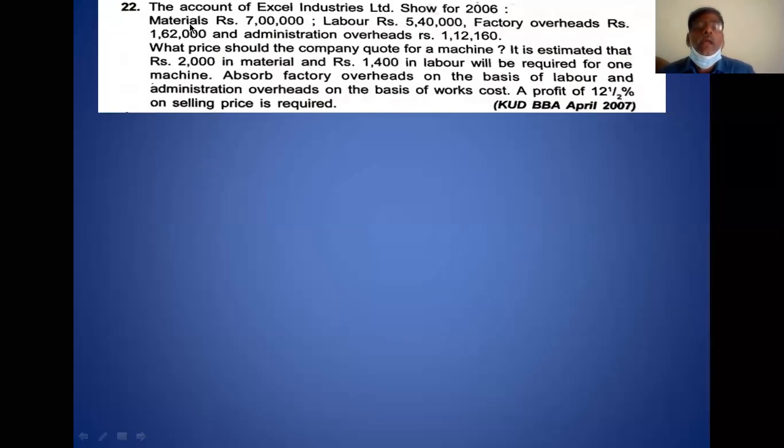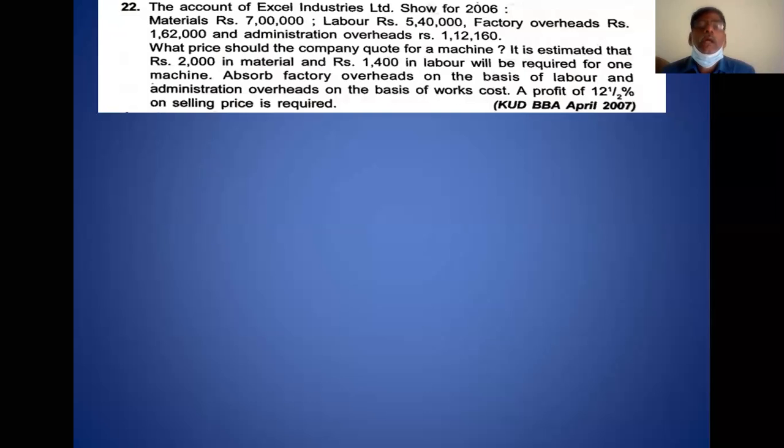Then what price should the company quote for a machine?